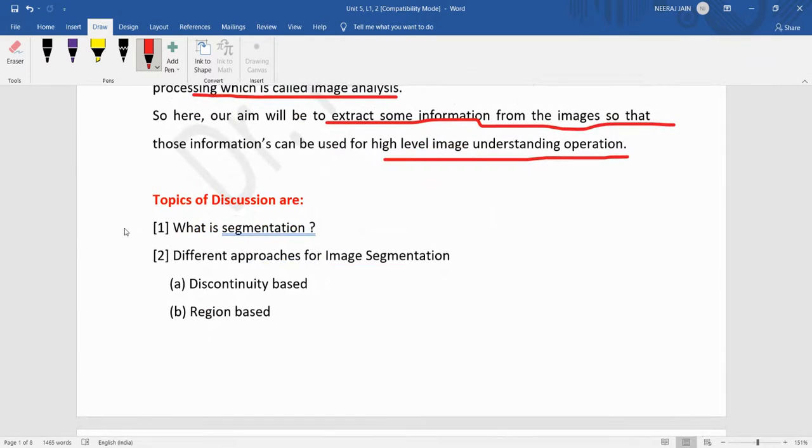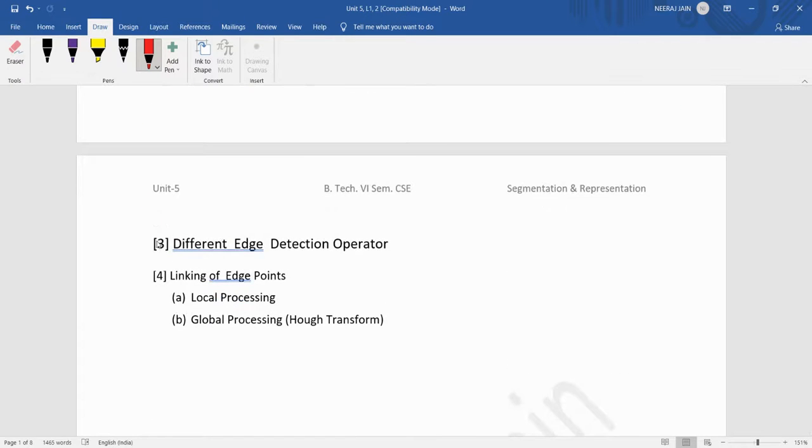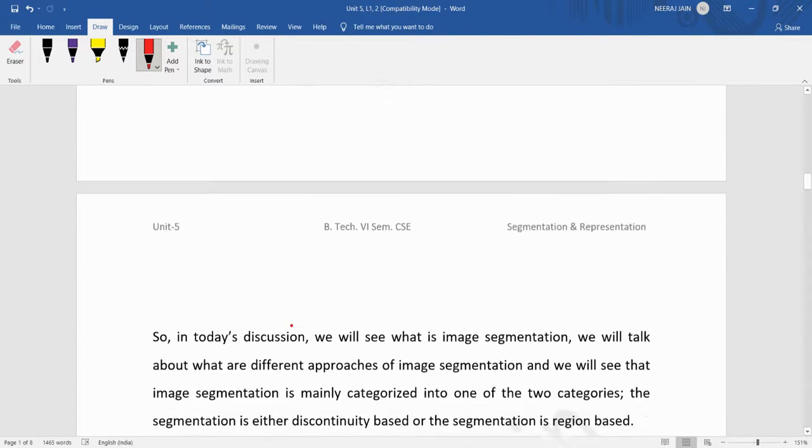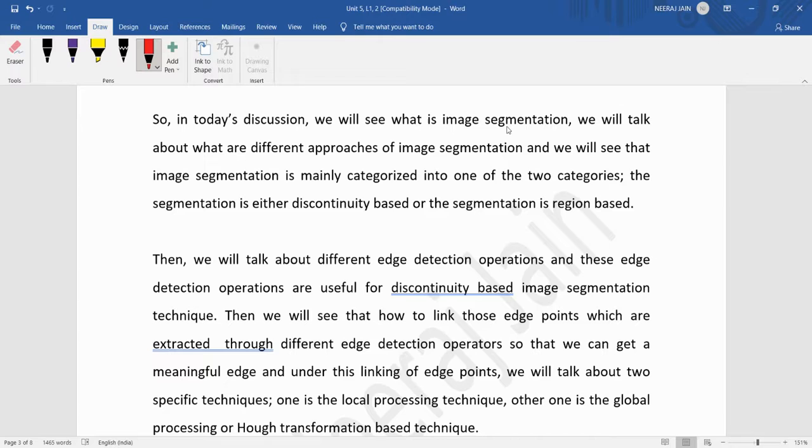Topics of discussion: what is segmentation, different approaches for image segmentation like discontinuity based and region based, different edge detectors, linking of the edge points, local processing, and global processing, that is also called the Hough transform.